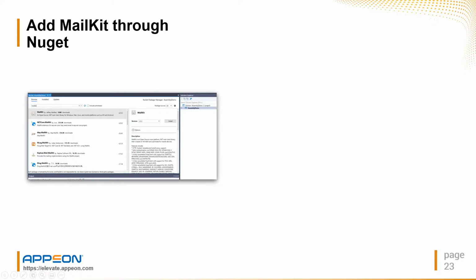So as soon as you select MailKit and hit install, it not only automatically installs the MailKit libraries into your project, it installs all of the libraries that MailKit is dependent on. So you don't have to go around looking for all these other libraries and including them in your project. It's all automatic. Of course, when you go to do your deployment, you need to figure out what those libraries are, and we'll cover that when we're going through the demo.